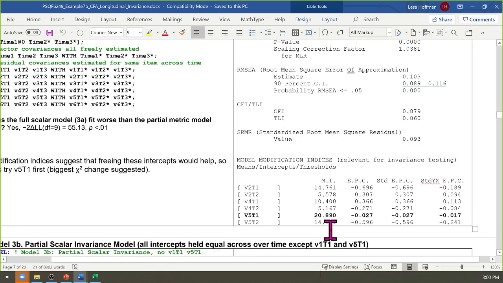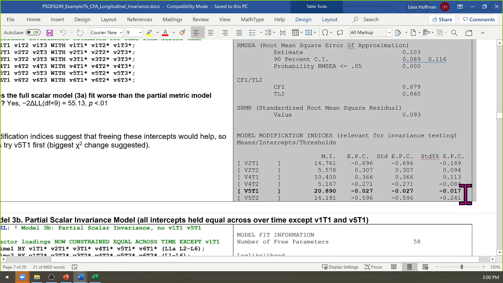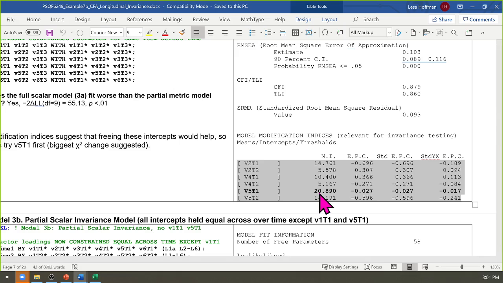So here's my modification list, trying to figure out how I broke it with the constraints that I added. The largest one is for item 5 at the first occasion. So item 5 has its own intercept at the first occasion, but it wants to be different than the other two.